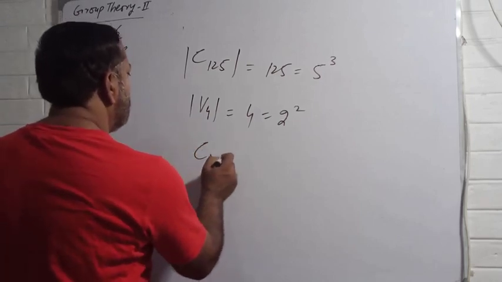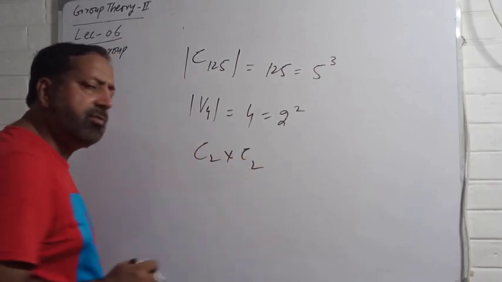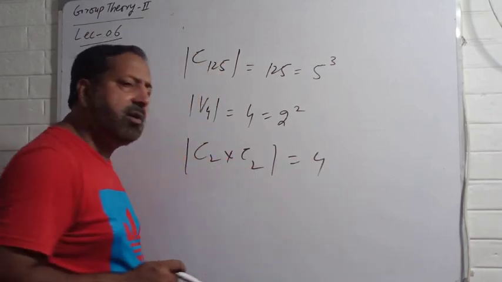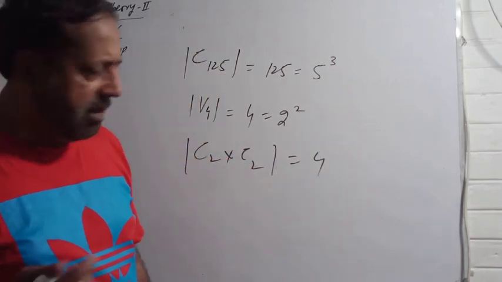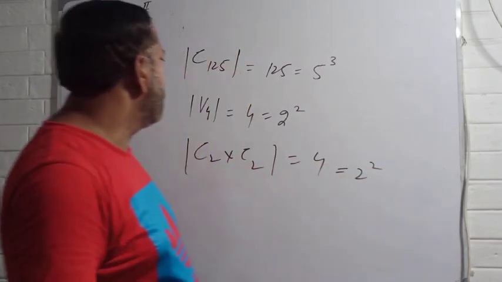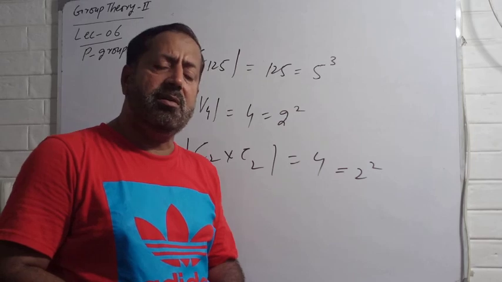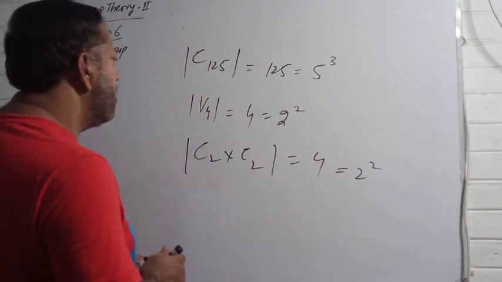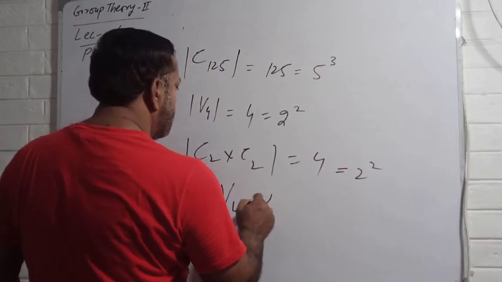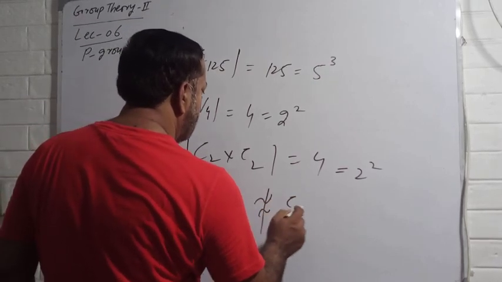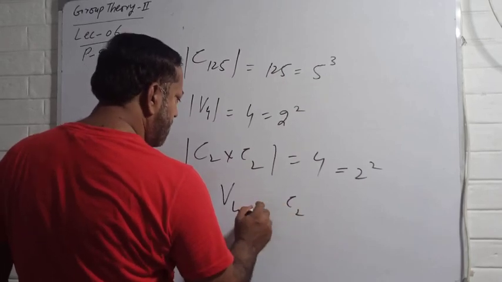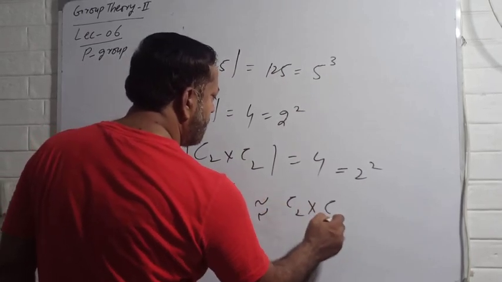C2 cross C2 has order 4, which is 2 power 2. This is also a 2-group, and you know that V4 is isomorphic to C2 cross C2.